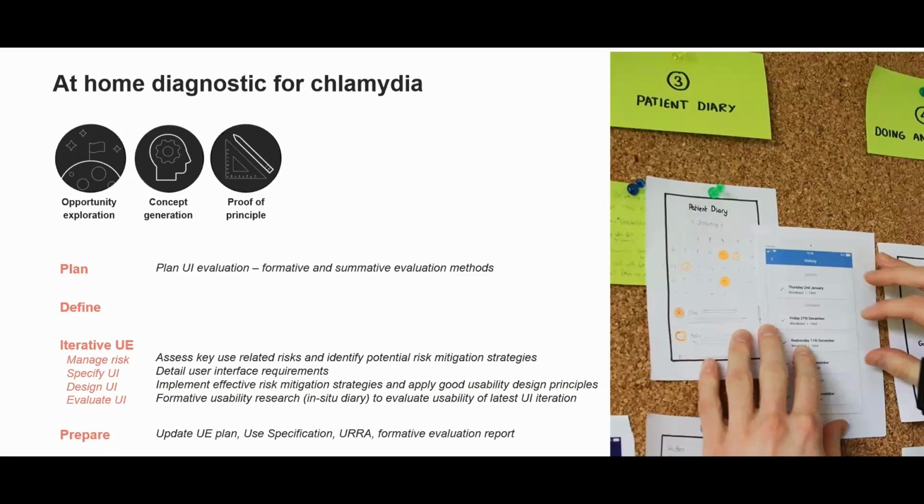So at this stage where you've identified key use related risks, it's making sure that you're assessing, you're prioritizing the key risks, feeding that back into the development activities and working closely with the design team to implement any risk mitigation strategies, and making sure that if there are design changes, you're documenting and assessing whether you're introducing any new risks, thinking about risk mitigation as the design evolves. Also thinking about how effective the risk mitigation strategies are and determining if there's any more risk mitigations that are required in order to ensure that the residual risks are acceptable.